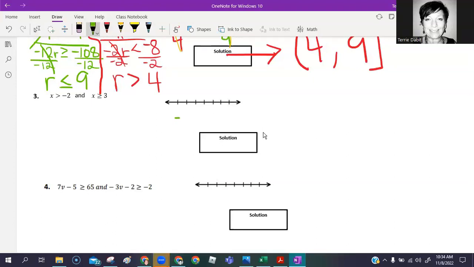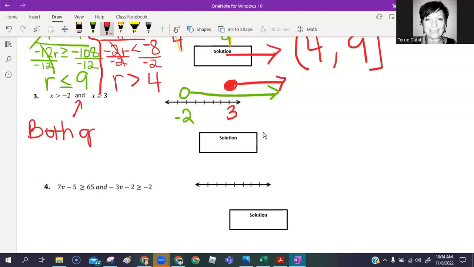I've got a -2 that has an open circle, and I'm going to graph it greater than. At 3, I have a closed circle, and it says all the numbers are greater than. Remember, and, you've got to see both graphs.